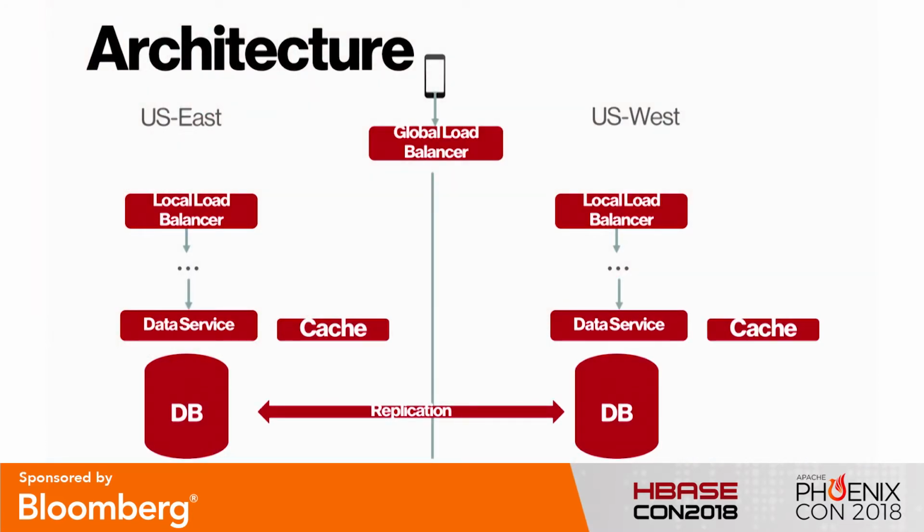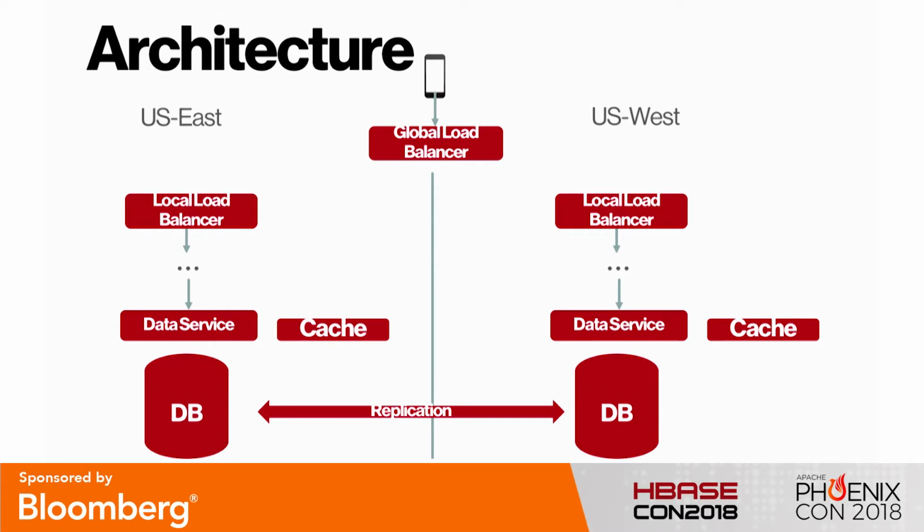So here's our basic architecture for Pinterest. Let's say this is US East and US West. We have a global load balancer managed by our traffic team. When you open your Pinterest app, the global load balancer will pick the closest region for you and forward traffic to either US East or West.